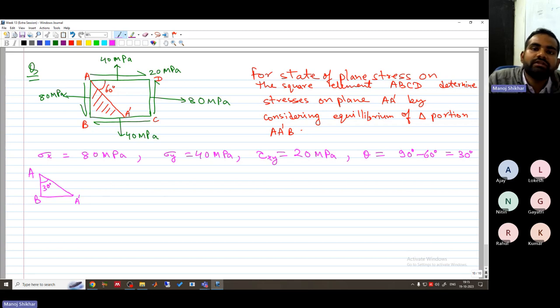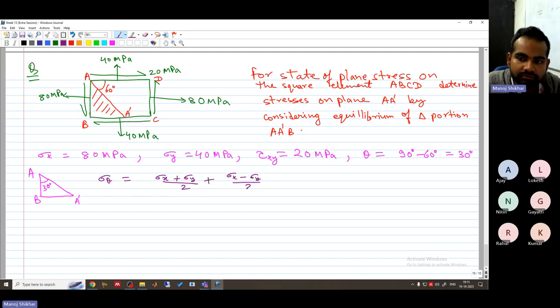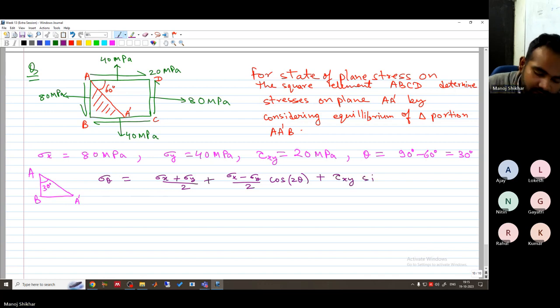So we can directly use the formula of stress transformation. And here we will have sigma theta equal to sigma x plus sigma y by 2 plus sigma x minus sigma y by 2 cos 2 theta plus tau xy sine 2 theta.